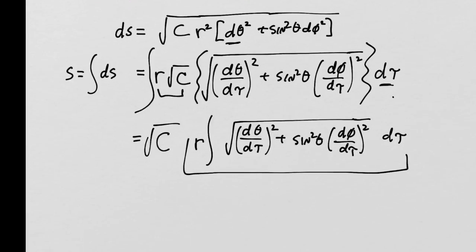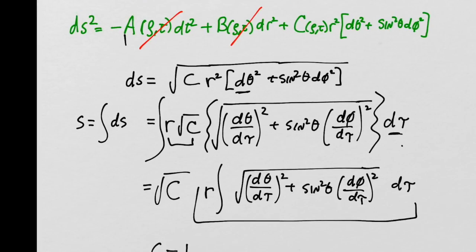And so what we could say is if c was equal to 1, then you would get the same answer in this metric for distances measured on the surface of a sphere. So can you set c equal to 1?